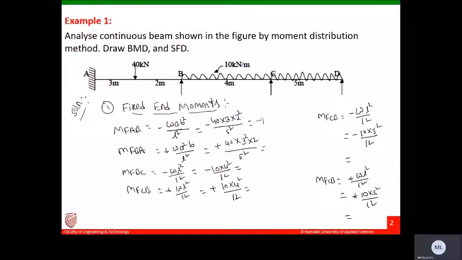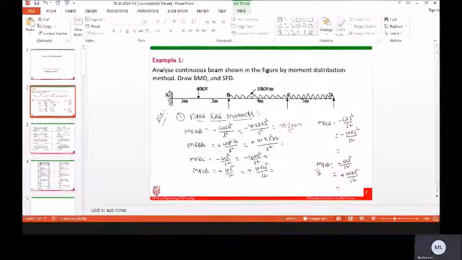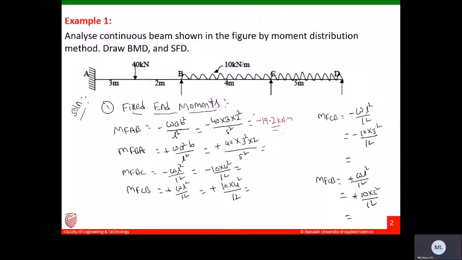This is minus 19.2 kilonewton meter, and MF of AB will be plus 28.8 kilonewton meter, and MF of BC will be minus 13.33 kilonewton meters.